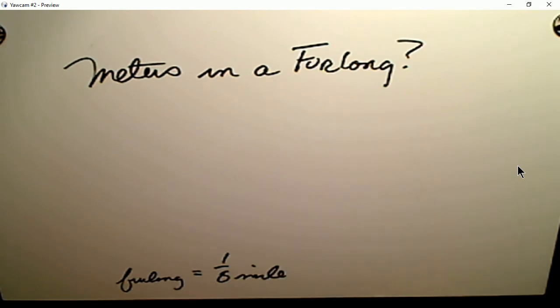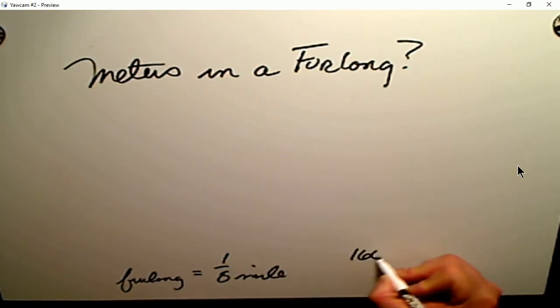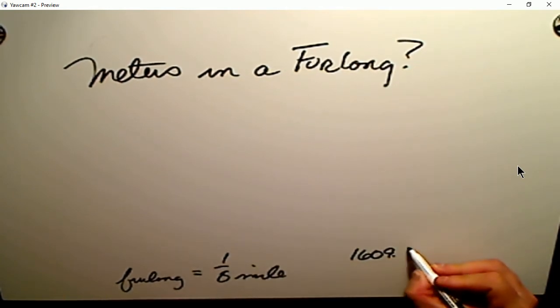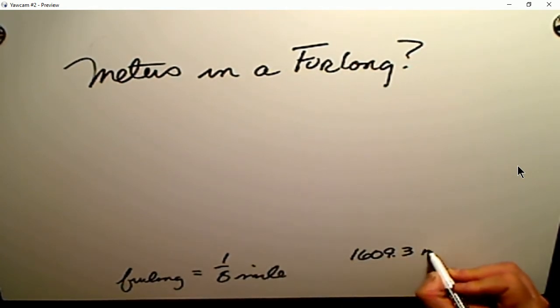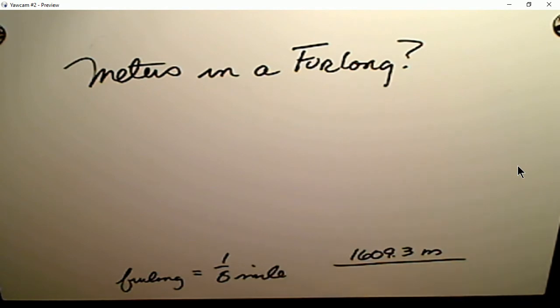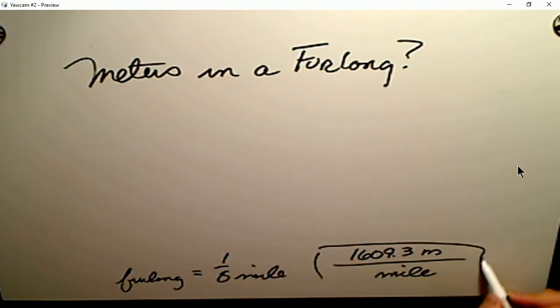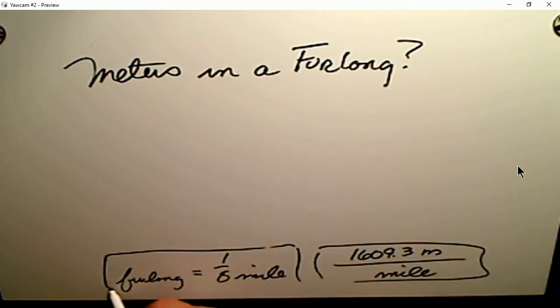We also know there are 1,609.3 meters for every mile. So given those two conversion factors, you may want to stop the video here and see if you can come up with the answer using dimension analysis.